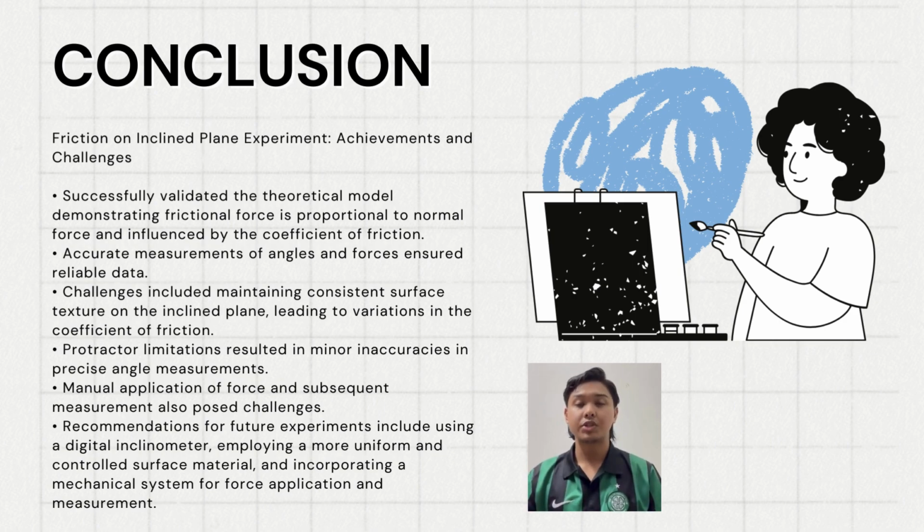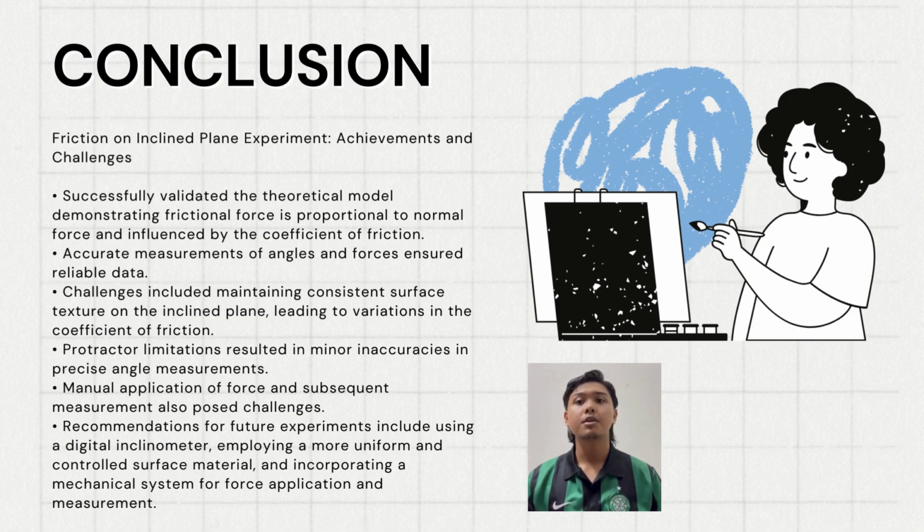My name is Muhammad Shafiq bin Samsul, and now I will present the conclusion. We successfully validated the theoretical model, demonstrating frictional force is proportional to normal force and influenced by the coefficient of friction. Accurate measurement of angles and force ensures reliable data.